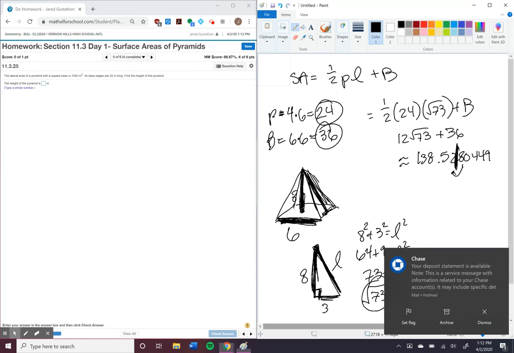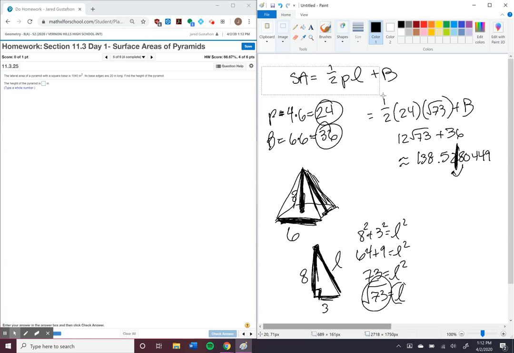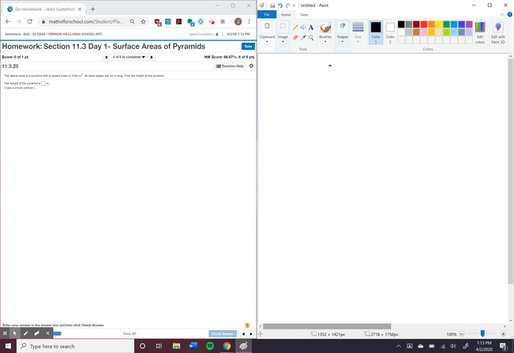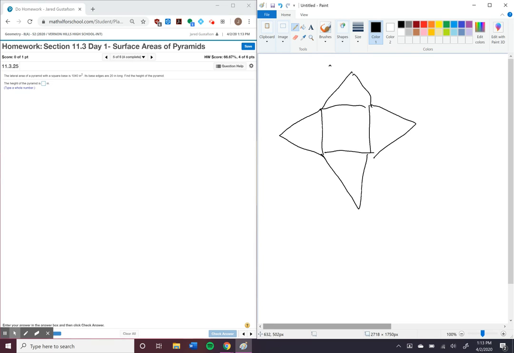All right, two more. Oops, don't worry about that, my bad. All right, the lateral area of a pyramid with a square base is 1040. So we have a square pyramid. I'm going to fold this down to its net, which will help me think about this.